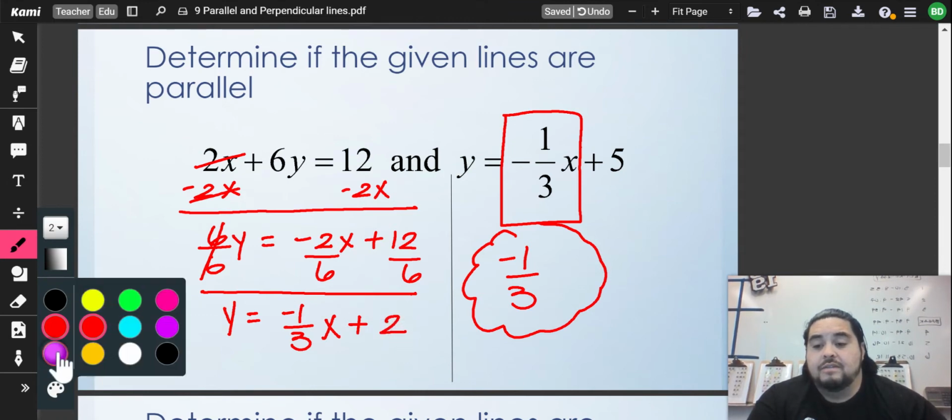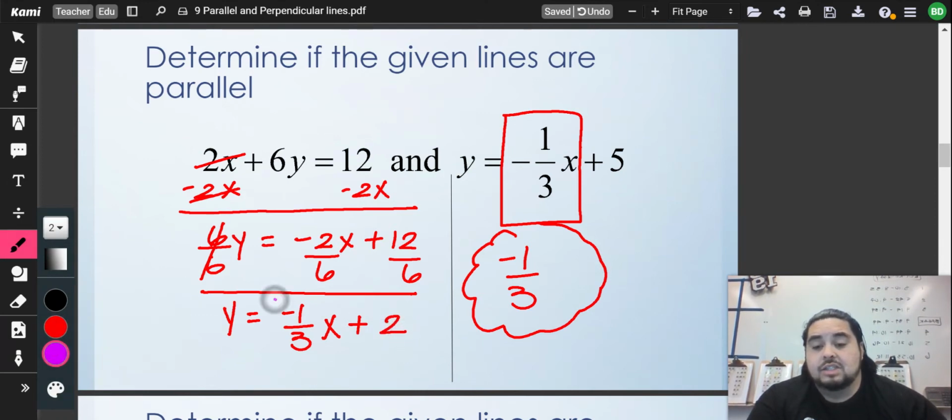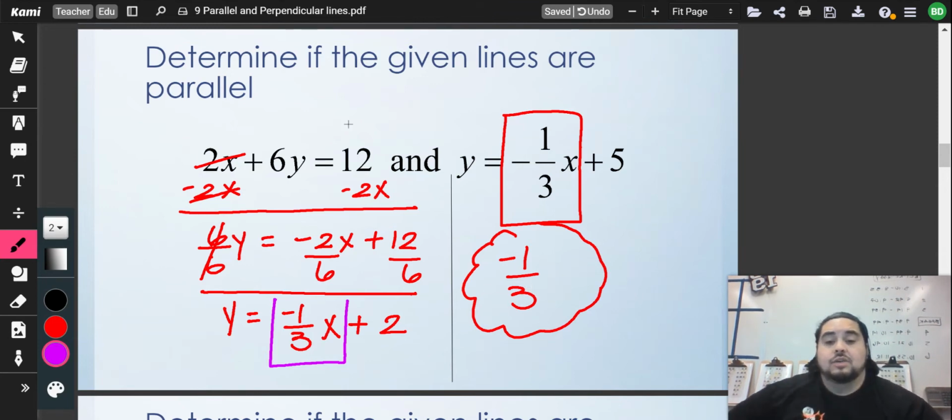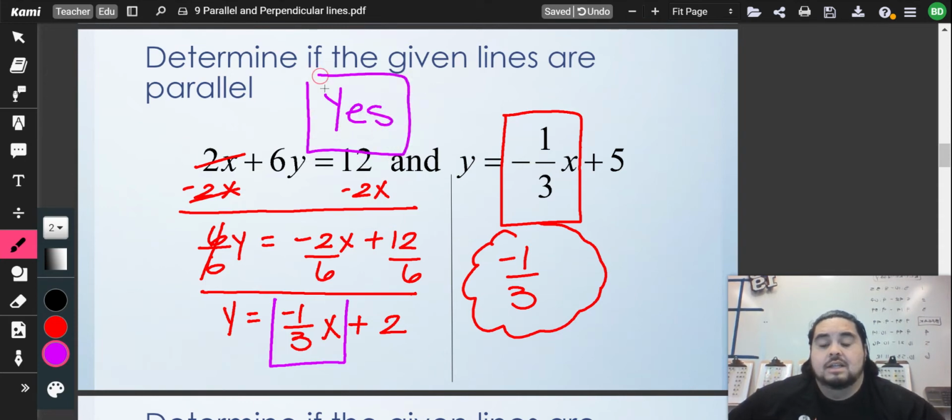Now you can very clearly see that the slope of this line is negative 1/3, which is exactly the same as the other line. And so the answer is yes, these lines are parallel. Again, they're parallel because they have the same exact slope.